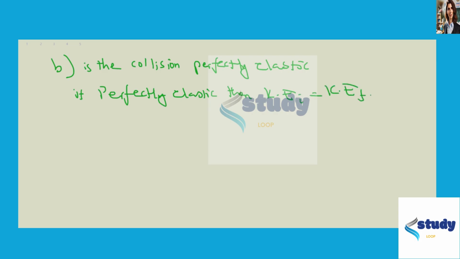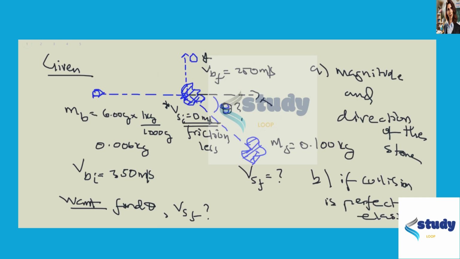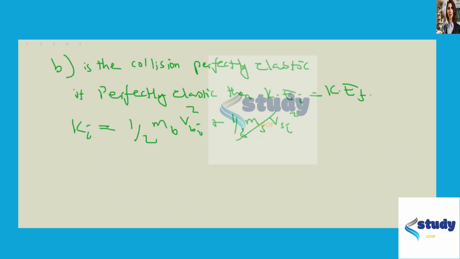So we want to get the initial kinetic energy of the system, and that's 1/2 mb vb initial squared plus 1/2 ms vs initial squared. Remember, the initial velocity of the stone is 0, so that whole term will be 0.